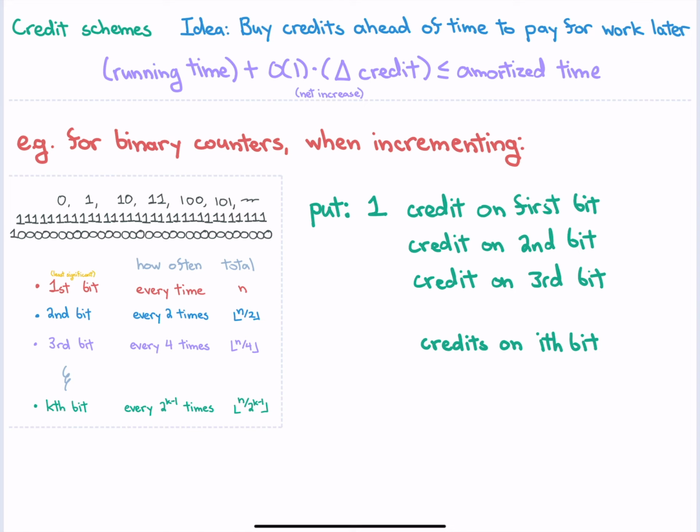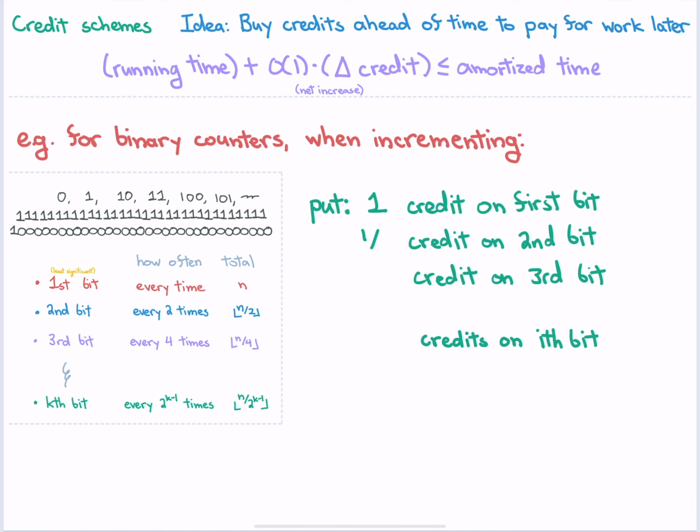A half. If I put 50 cents on the second bit, then every two iterations I'll have $1, and every two iterations that bit flips. So every time the bit flips, I'll have already saved $1, and I can pay for that work.